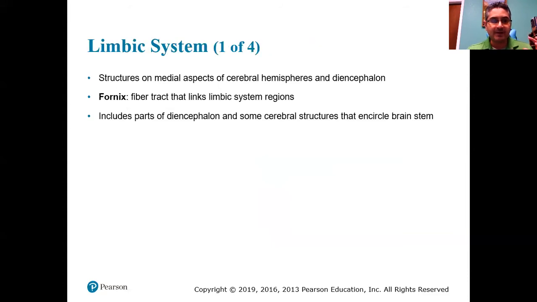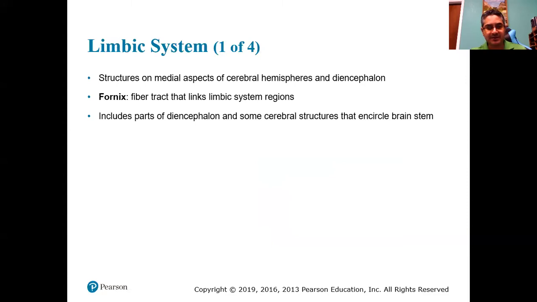Let's just start talking anatomically and then we'll say, what is the limbic system? We're looking at structures. A system usually involves more than one thing, right? So what is the limbic system going to be composed of? Structures on medial aspects of cerebral hemispheres and in the diencephalon. This diencephalon, you keep hearing about it. It keeps taking place.